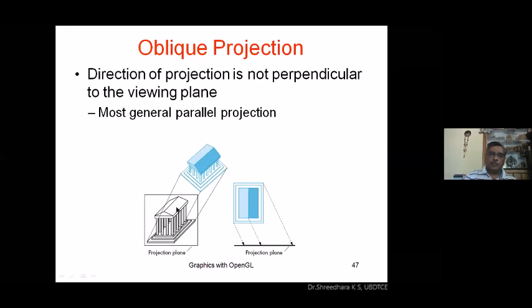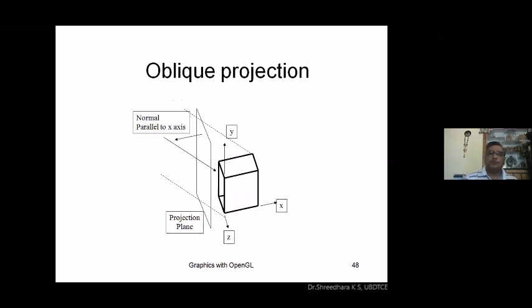It is one of the techniques in orthographic projection to see the object with a 3D effect. If you see the side view or top view, you may not get the 3D picture. But the same thing, if projected with this technique, oblique being one of the components of orthographic projection, is used to see a realistic object. So note this oblique projection.